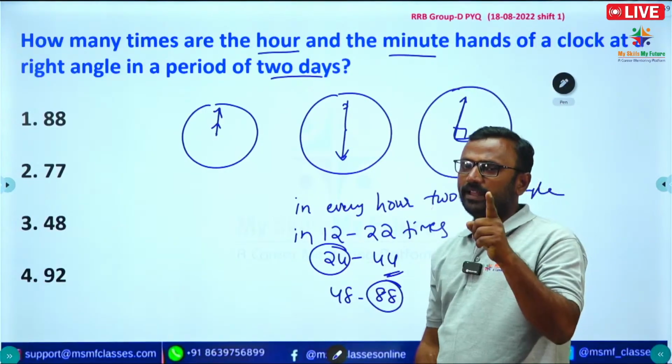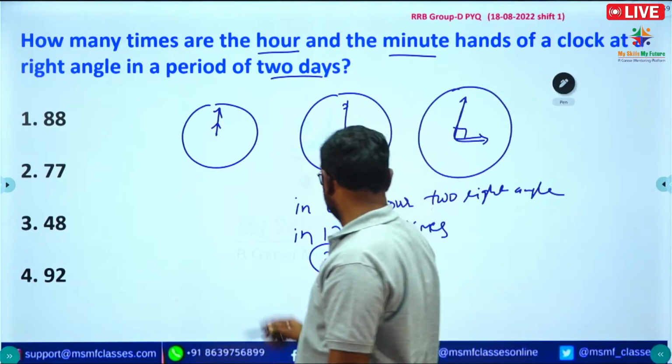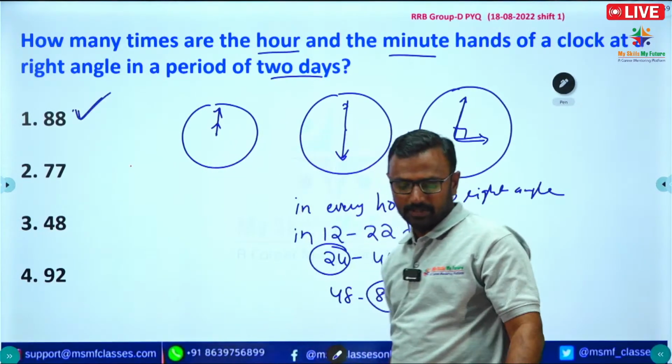So for 1 day we have 44, for 2 days we have 88. Option 1 itself is correct. Okay, right. Next question.